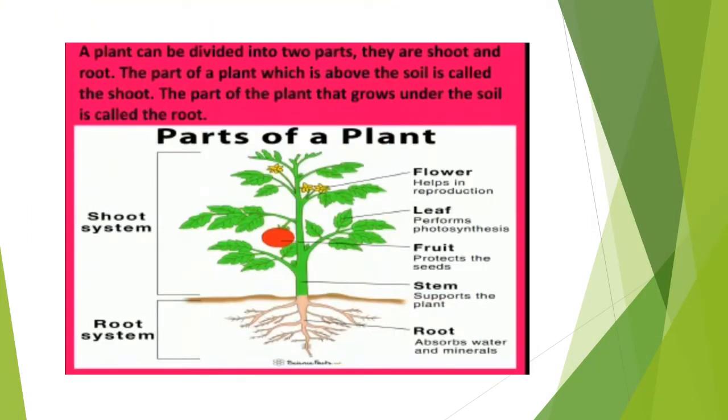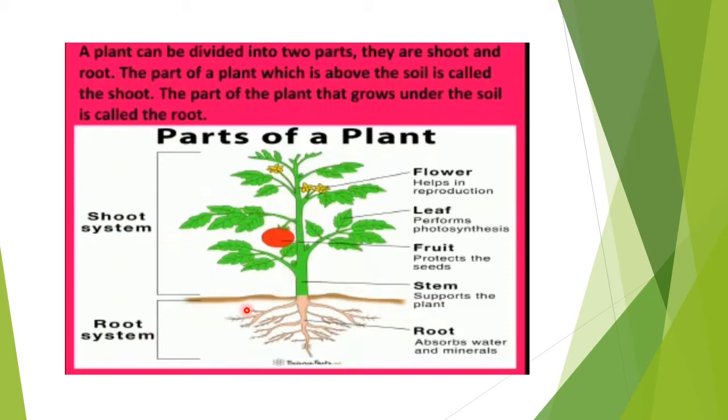Now, a plant again is divided into two parts, the shoot and the root. The shoot is the part of the plant that is above the ground, that is the stem, the fruit, the flower and the leaf. These are above the ground and they are called the shoot.